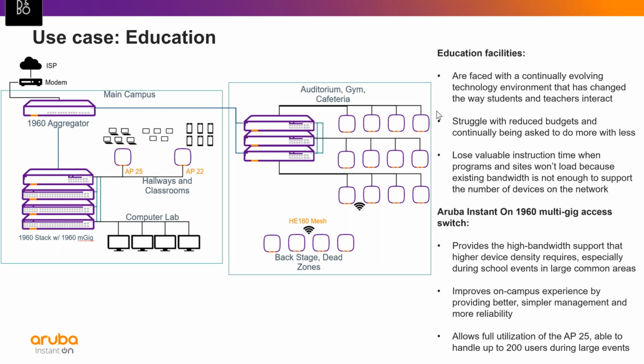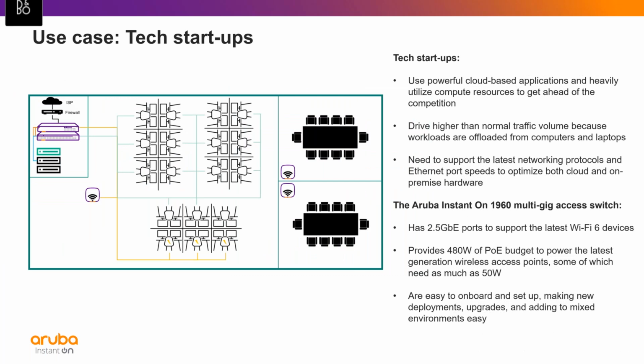So again, this is an education example with some variety here, as you can see. And then this is an example of a tech startup. Obviously, they want the latest and greatest here. So this is a very simple configuration showing a couple of 1960s with some advanced APs.